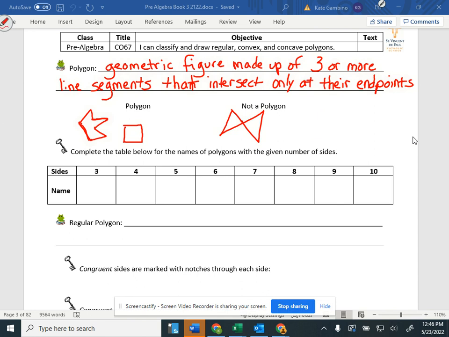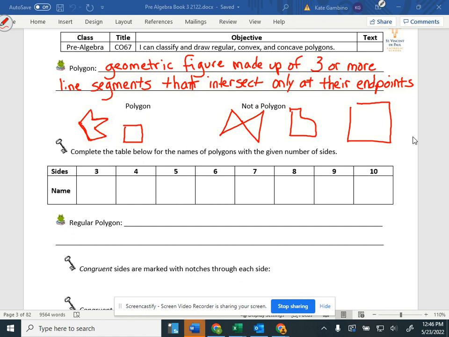So, if we have a curve, not a line segment, okay? What about? No, they don't connect. No. Katie, why do you think it's a polygon?